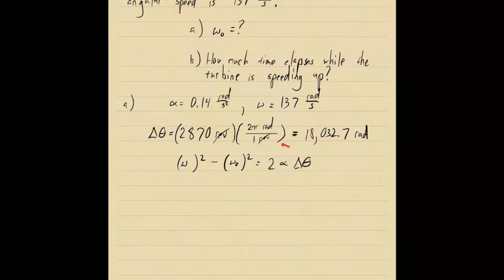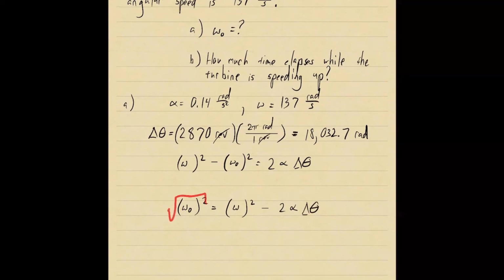So we know everything on the right-hand side. So what I can do is I can add this term, the initial angular velocity squared, to both sides, and subtract out that from both sides. And this is going to give me, on the left-hand side, our initial angular velocity squared is going to be equal to our final angular velocity squared minus 2 times our angular acceleration times our angular displacement.